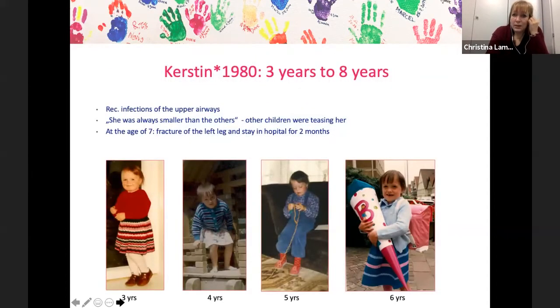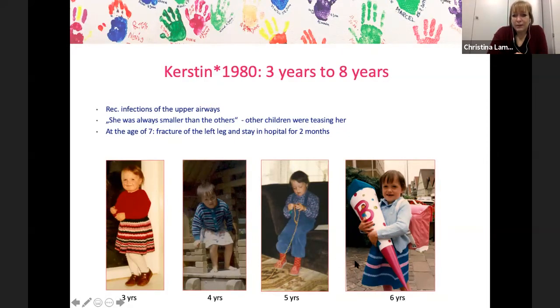Between 3 years and 8 years of life, she was suffering again from recurrent infections of the airways. She was always smaller than the others, even if she looked absolutely healthy and normal, and other children were teasing her because she was so small. And by chance, at the age of 7, she had an accident and fractured her left leg, and she had to stay in hospital for 2 months.